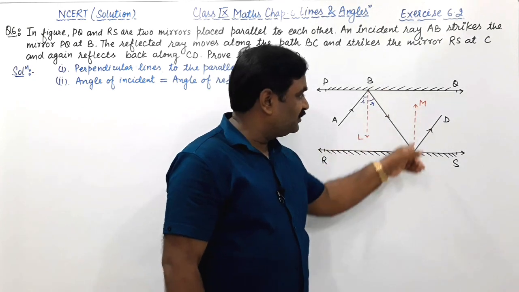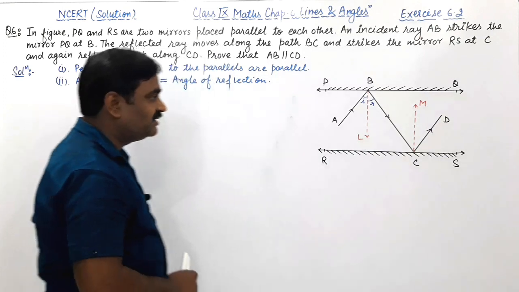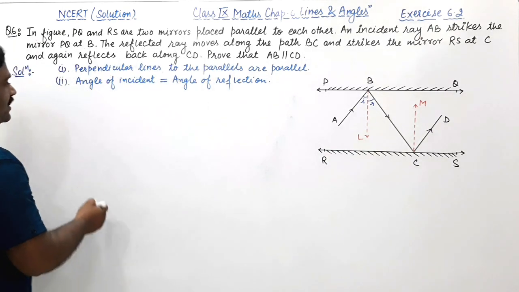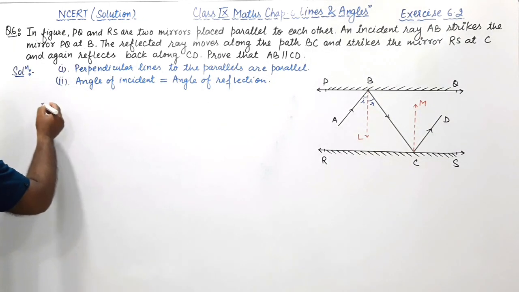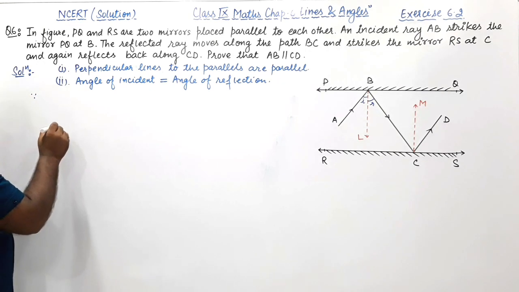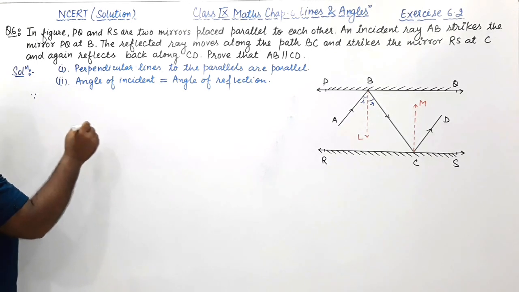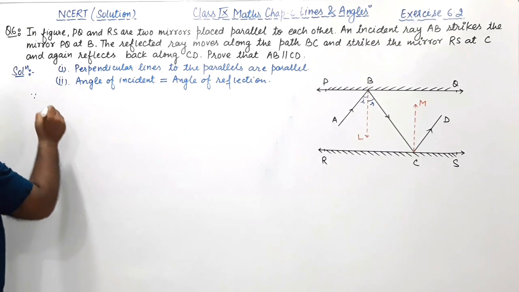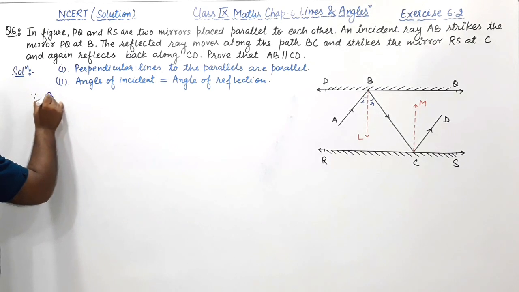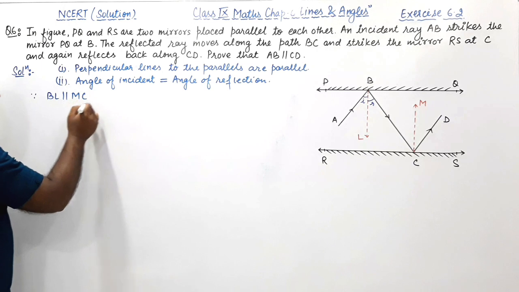If they are parallel to each other, then this BC is a transversal. Okay, so let us write down, since by construction, BL is parallel to MC. Why?